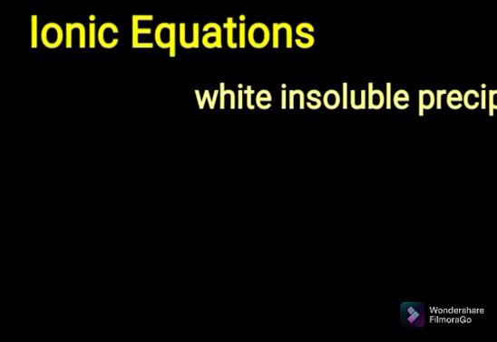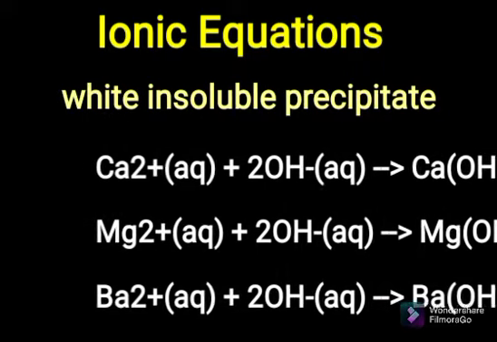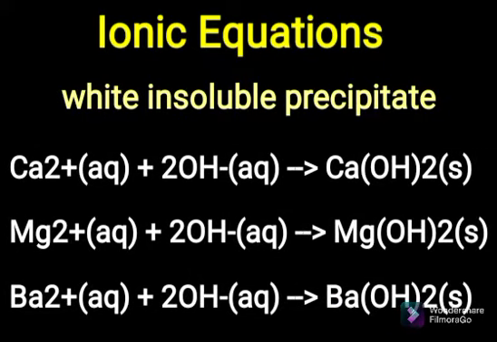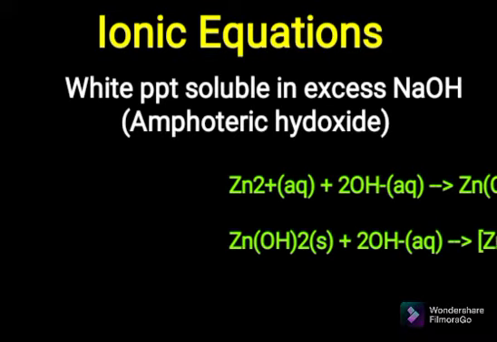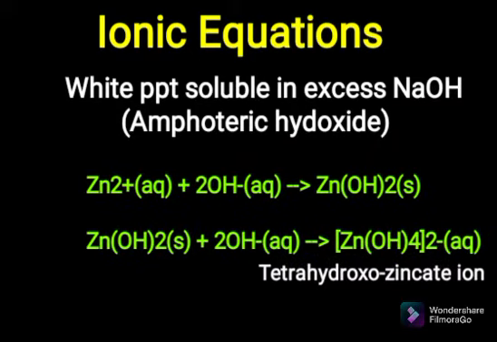Okay, for the ionic equations, we have the ions that will give us an insoluble white precipitate: calcium hydroxide, magnesium hydroxide, and barium hydroxide. Even in excess, they cannot dissolve. Then we have the ones that form a white precipitate that will dissolve in excess sodium hydroxide. These are amphoteric hydroxides, like the zinc hydroxide that will dissolve in excess sodium hydroxide to form the complex that we call tetrahydroxozincate ions.